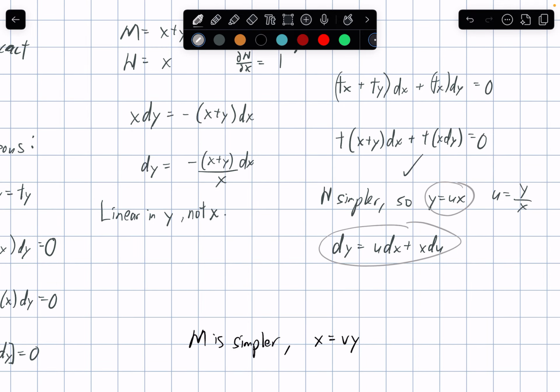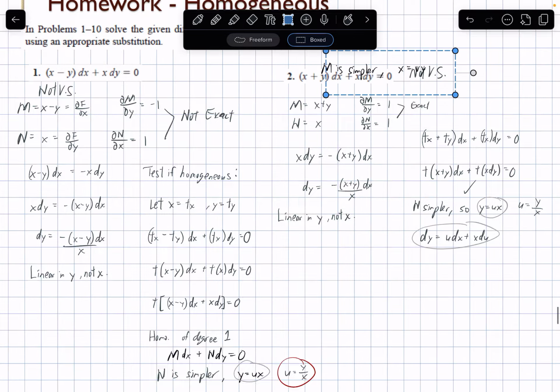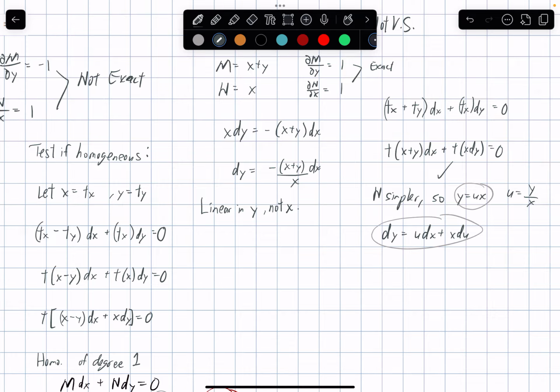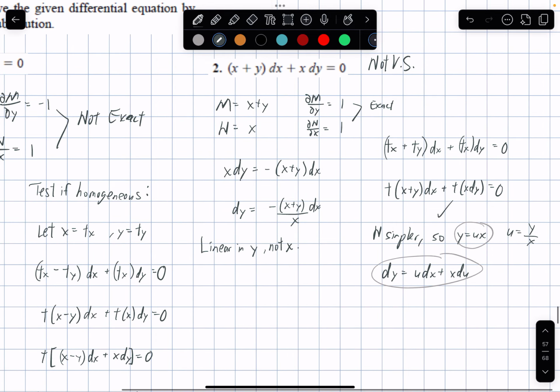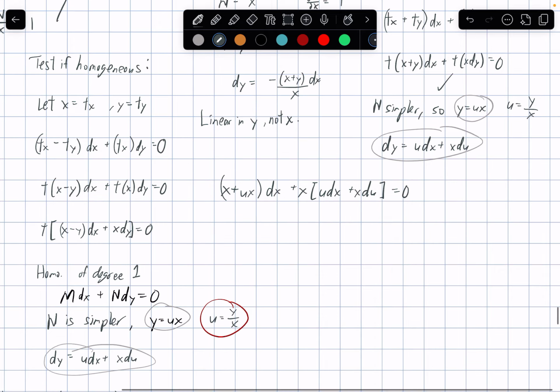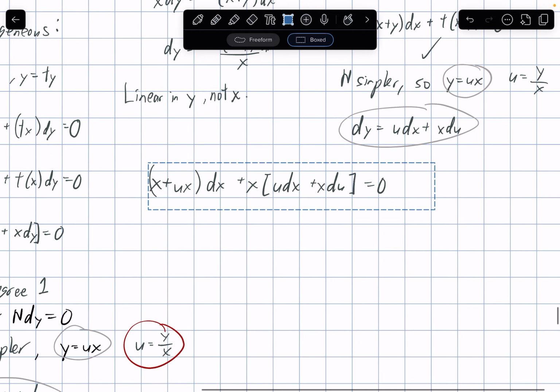Okay. Now we start to substitute. Original dE x plus ux dx plus x dy equal to 0. Okay.